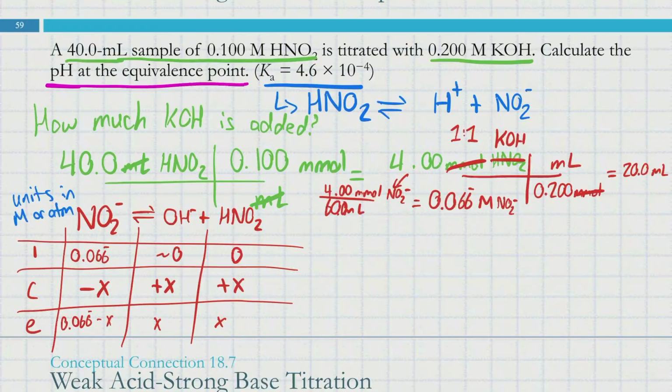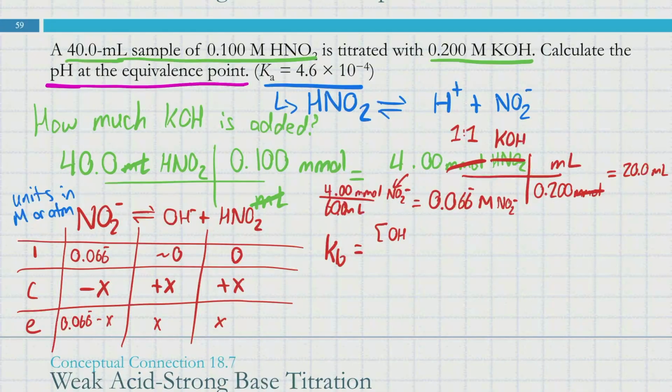What kind of chemical is NO2 minus? How is it behaving here? Is it behaving like an acid or a base? It's behaving like a base, so what we're looking for is Kb. That would be our label for what we've got here.